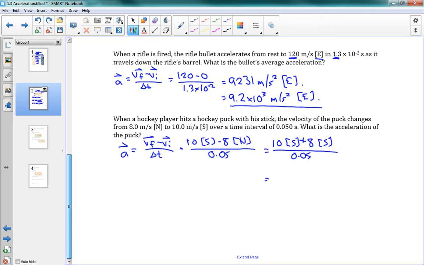So this gives me, I'm sorry, not 2, it gives me 18 over 0.05, which gives us a value of 360 meters per second squared in the south direction. And that's good. We can say that that 360 has 2 digits, so that's our final answer.